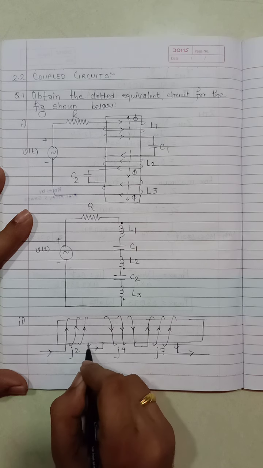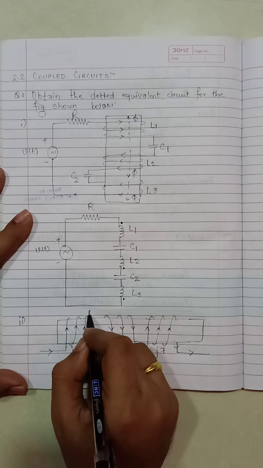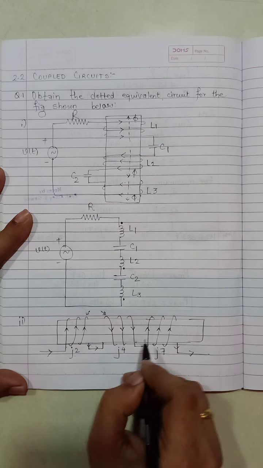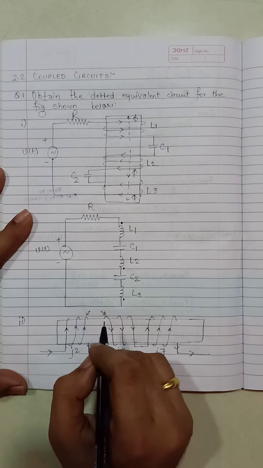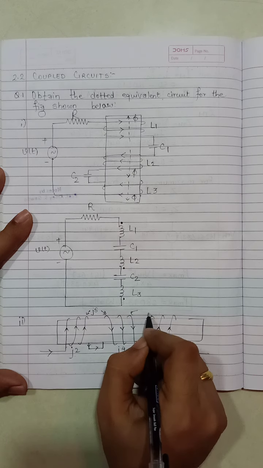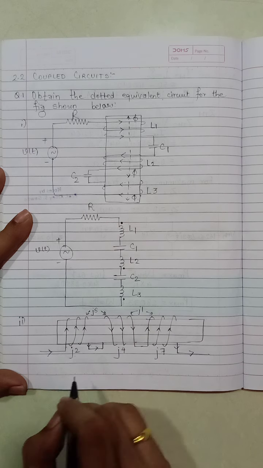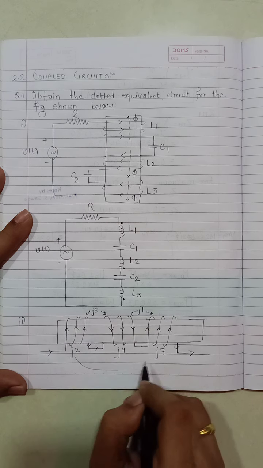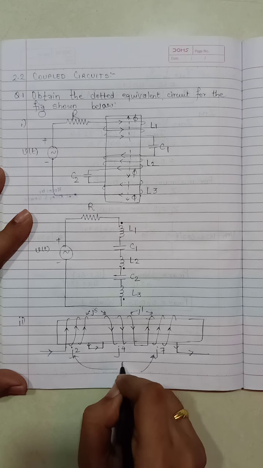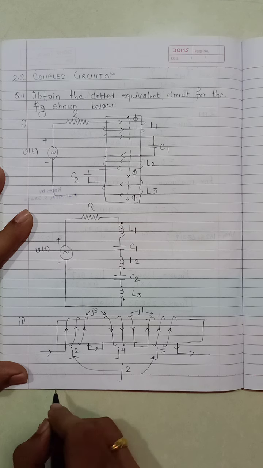Then between these two coils, it is given as J5. Between these two it is given as J1, and between the first and the last it is given as J2.